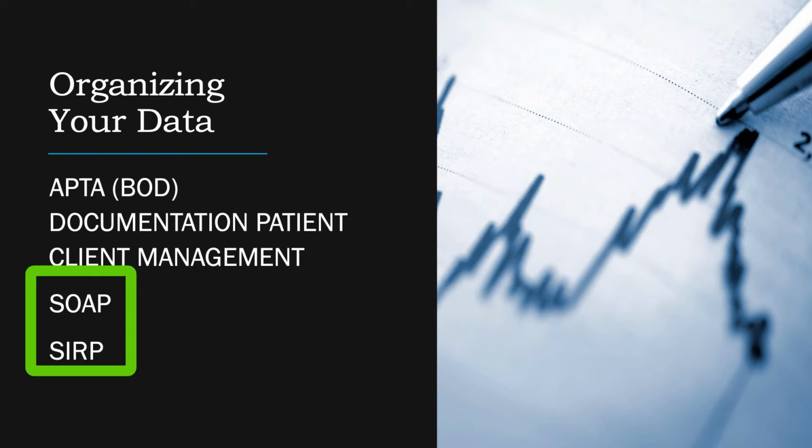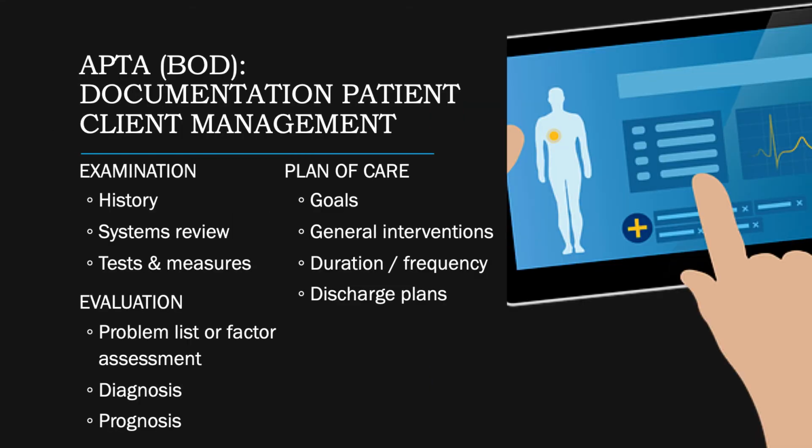So those are just some ideas of different ways to organize your data. But again, just make sure that however you do it, that you're following those professional guidelines in that APTA Board of Directors document. So when you learn and use these categories, you'll ensure that your documentation is following the professional standard of care adopted by the APTA.